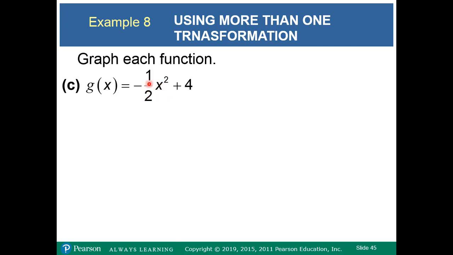So this is a vertical compression or vertical, what do they call it? Shrinking. So a vertical shrinking. It's also a reflection about the x-axis, and we're moving the entire graph up 4 units.